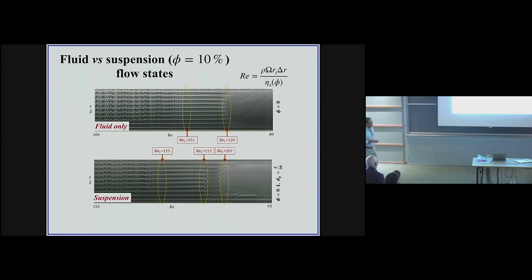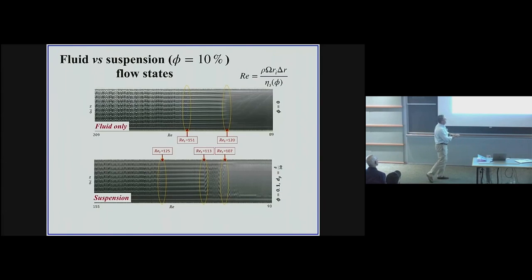For the suspension of just 10% particles, there's two key features. One is that this goes through a transition at a considerably lower Reynolds number, 125, from the wavy to the Taylor vortex. So this is the Taylor vortex state. But then there's this other non-axisymmetric state that's actually seen in between that isn't seen for the pure fluid. Okay, so we see this non-axisymmetric state.